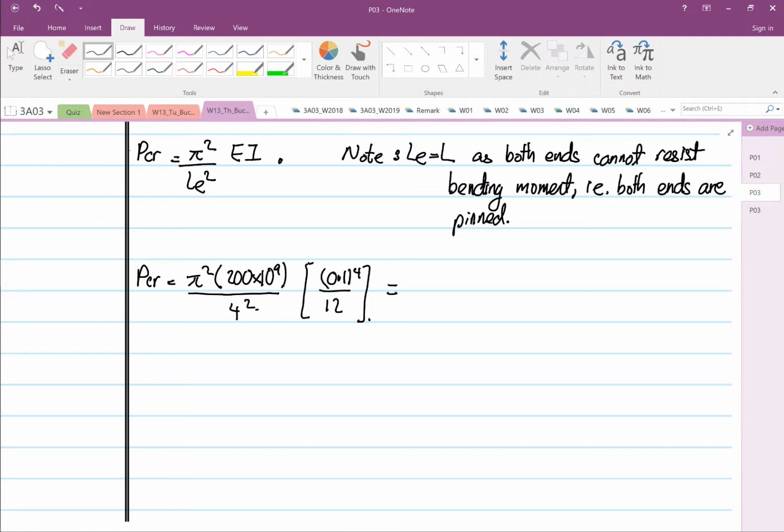So it's equal to 1028.084 times 10 to the power 3 Newton.